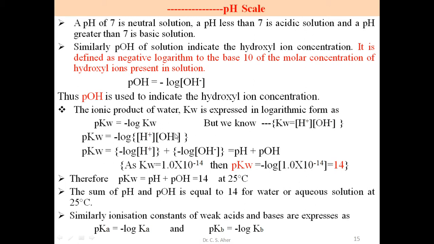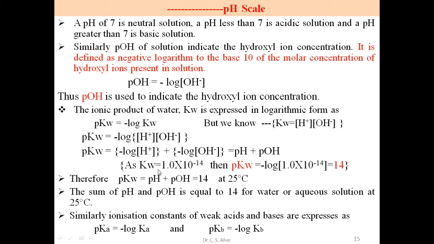So instead of Kw we put H+ ion concentration into OH- ion concentration. We separate these two terms: minus log of H+ ion plus minus log of OH- ion, and we know minus log of H+ ion is pH, plus minus log of OH- ion is pOH. So pKw is equal to pH plus pOH.